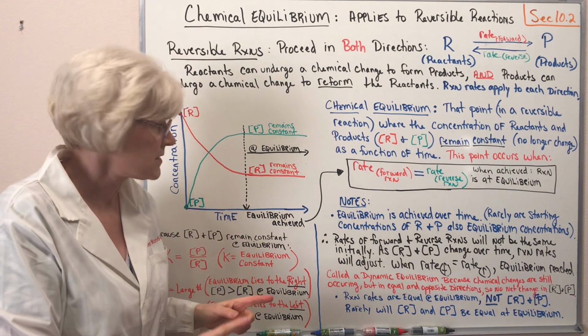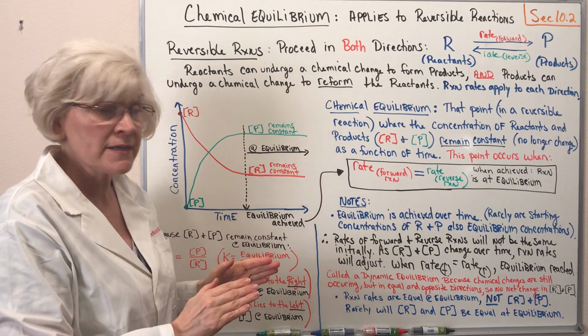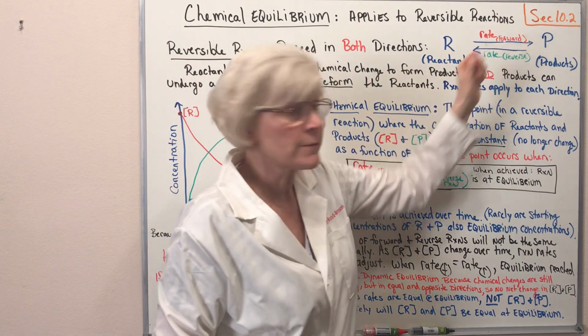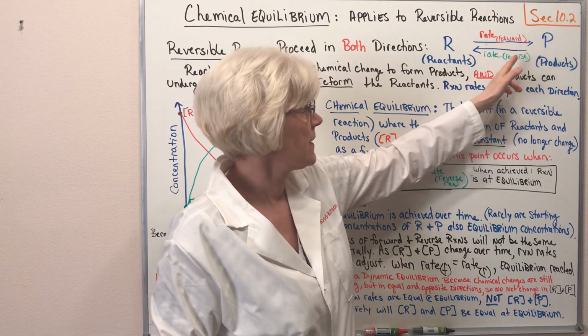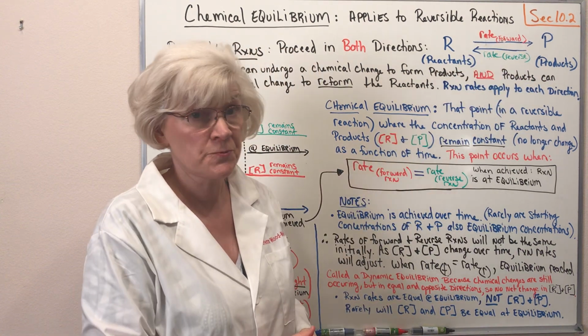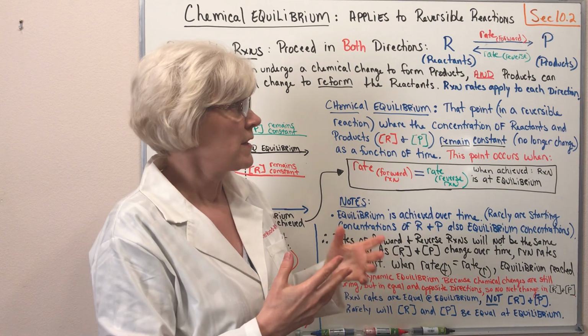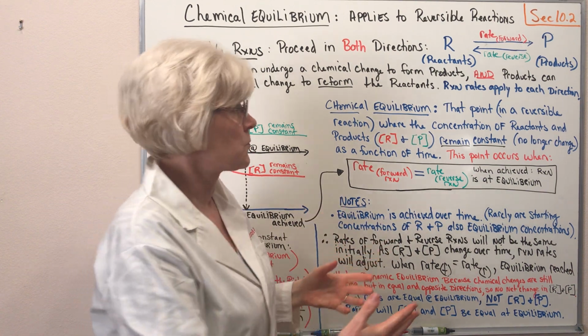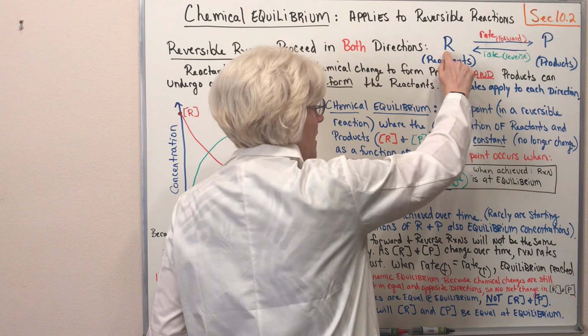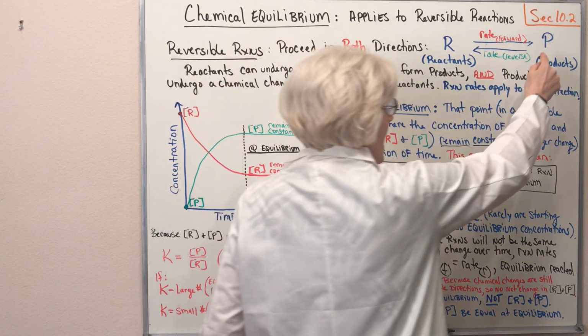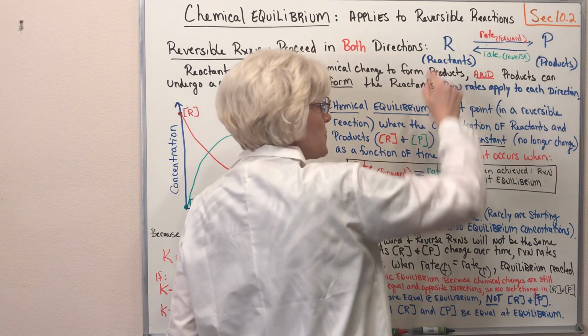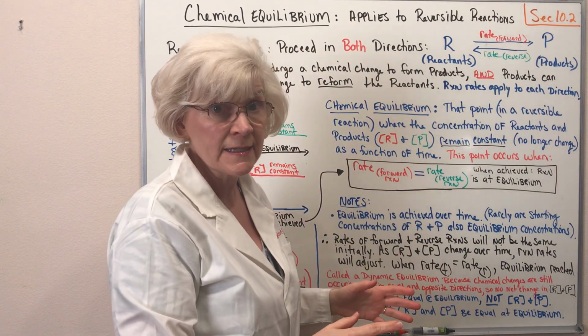What happens when you reach the point where the rate of the forward reaction is going just as fast as the rate of the reverse reaction? Well, if that point is reached, you're taking reactant and forming product as rapidly as product is reforming reactant.